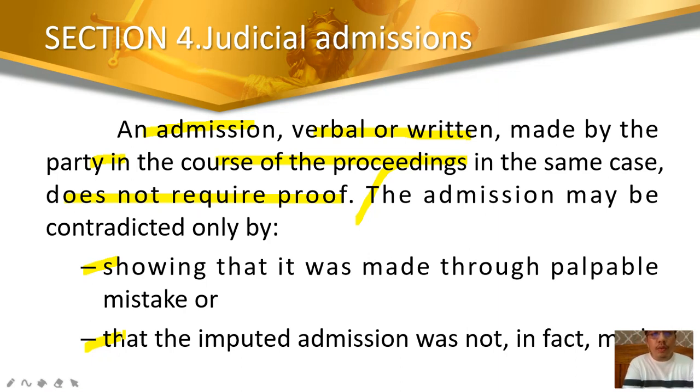Such admission of G may only be contradicted if she is able to show that the same admission was made through palpable mistake or that the imputed admission was not in fact made by her.